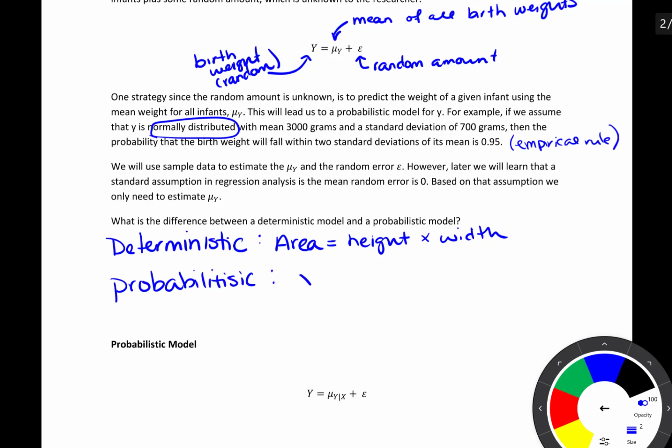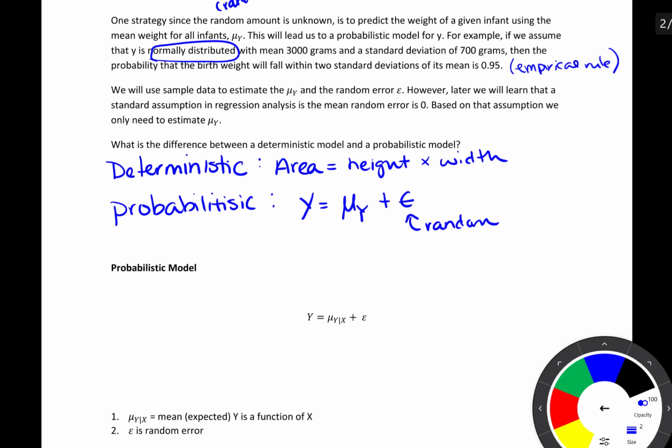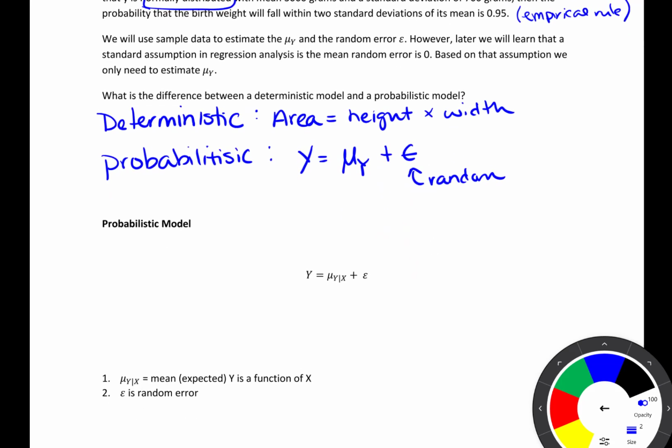The probabilistic model we are going to work with is y is equal to mu sub y plus epsilon, where epsilon is the random component, and that's what makes this a probabilistic model. Looking a little closer at it, notice one thing we could do: instead of just having mu y, I have mu y given x.